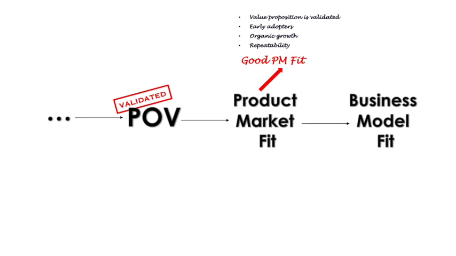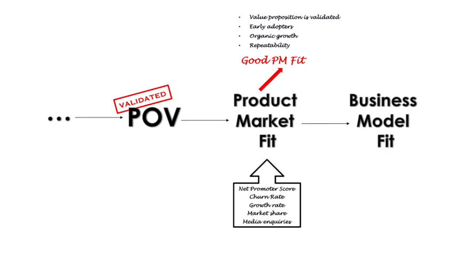Typical metrics to identify a good product market fit are Net Promoter Score, which measures the likelihood of a customer recommending your product to others, churn rate, which measures how often customers switch away from your product, growth rate, market share, and media inquiries.